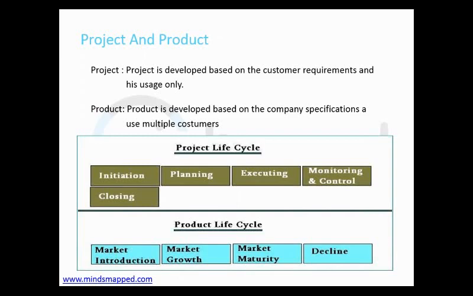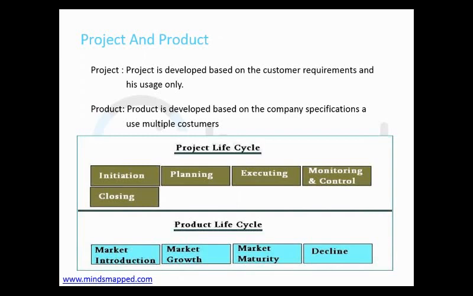The electrical work will be done by someone, flooring by someone else, painting by someone else. So we need to have a lot of processes. Like that, in software also we need different processes to create a successful project.